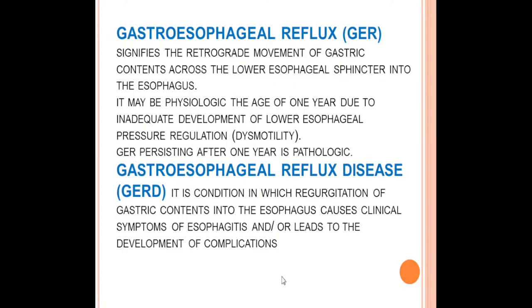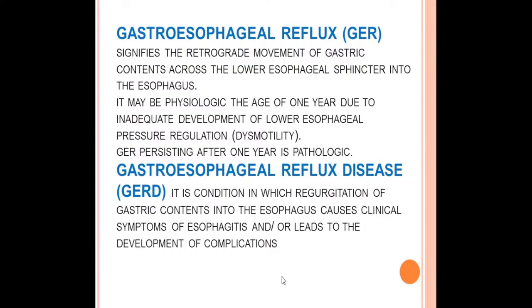Beginning with gastroesophageal reflux. Gastroesophageal reflux signifies the retrograde movement of gastric contents across the lower esophageal sphincter into the esophagus. It may be physiologic in children under 1 year due to inadequate development of lower esophageal pressure regulation and dysmotility.